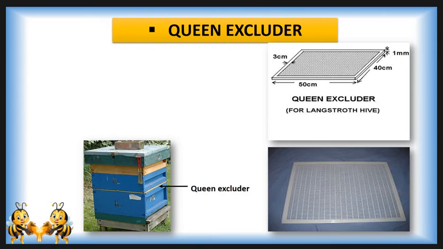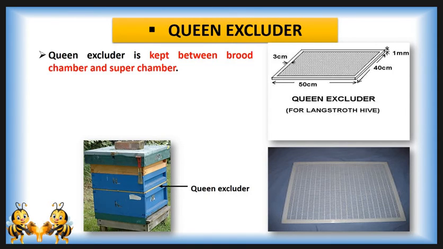Then the queen excluder. The queen excluder is a board used to keep the queen inside the brood chamber and to prevent her from entering the super chamber. It is a perforated zinc sheet mounted on a wooden frame. The size of the pore is 3.5 mm.